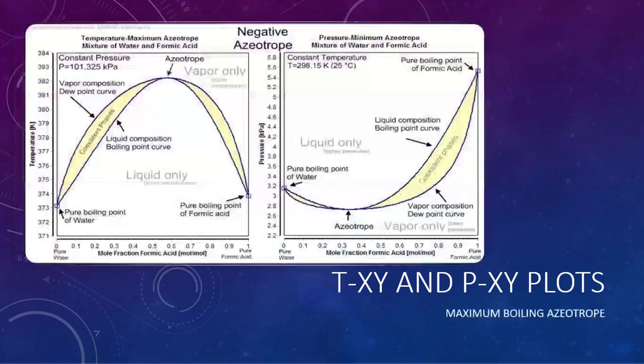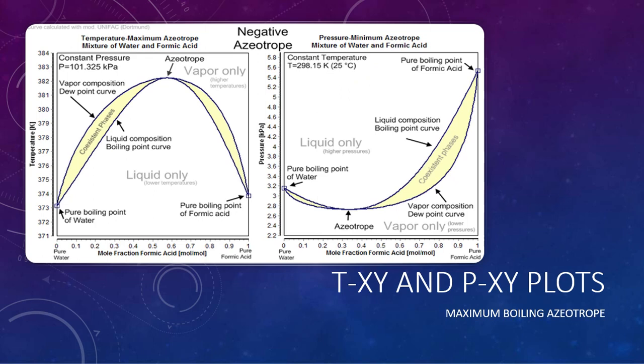Next, in case of maximum boiling azeotropes, here the picture is a little clearer, I guess. Here you will see that the temperature plot has a maxima, and that is why it is a maximum boiling azeotrope, and the pressure has a minimum. That is why it's also called a pressure minimum azeotrope. Some referred examples are mentioned over here: water and formic acid.